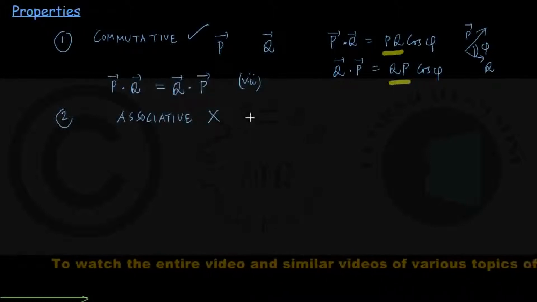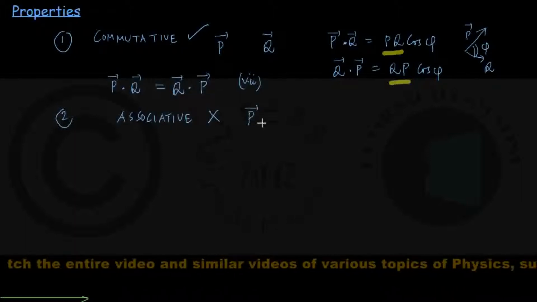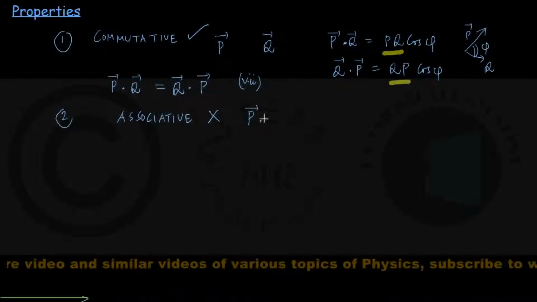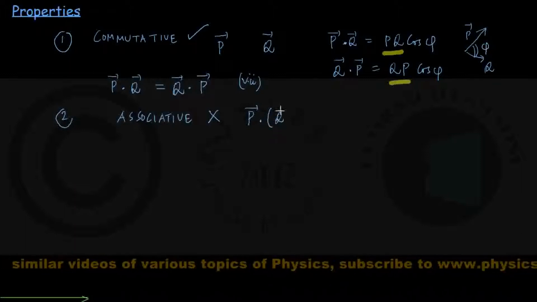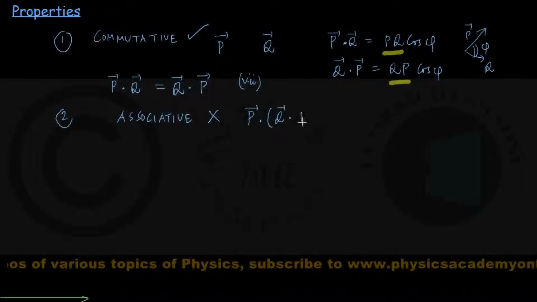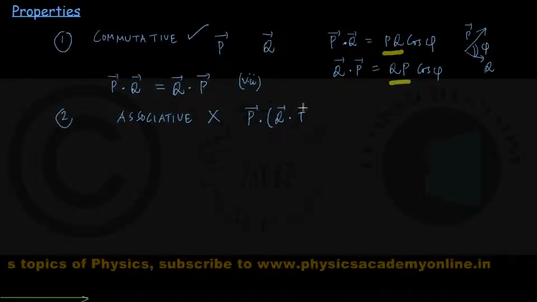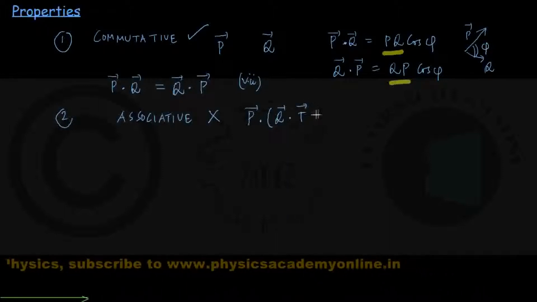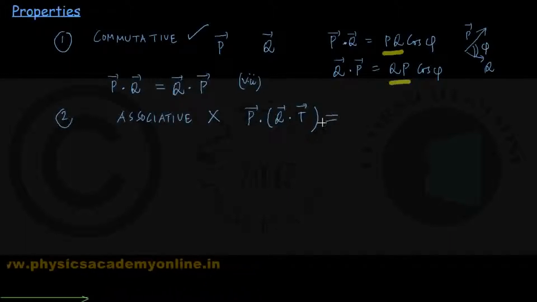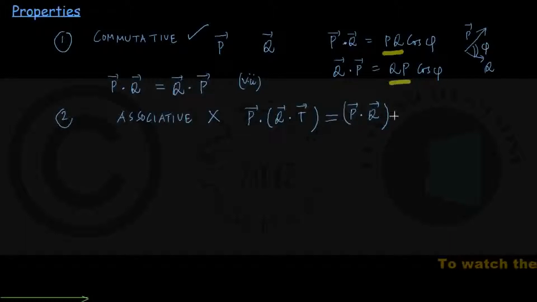I should have been able to write in such case that P dot Q dot T. There are three vectors in question here, P, Q and T, and if it was associative, I should have been able to write P dot in bracket Q dot T and P dot Q, that product is done first, and then dot T. That I should have been able to write.